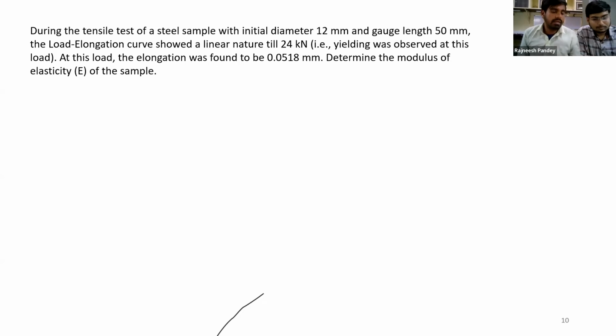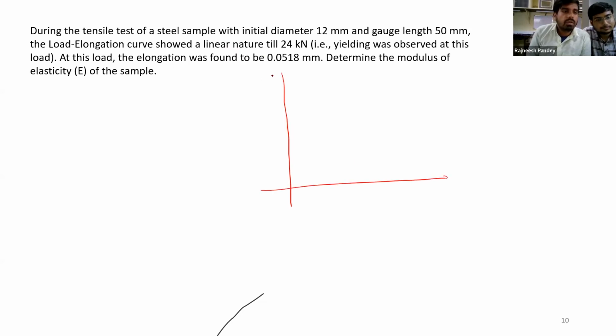So let's interpret those data in the form of a curve, a stress-strain curve basically. It is saying here that the load versus elongation curve showed linear nature till this amount of force. Again, we are going to interpret where it is going to be linear.